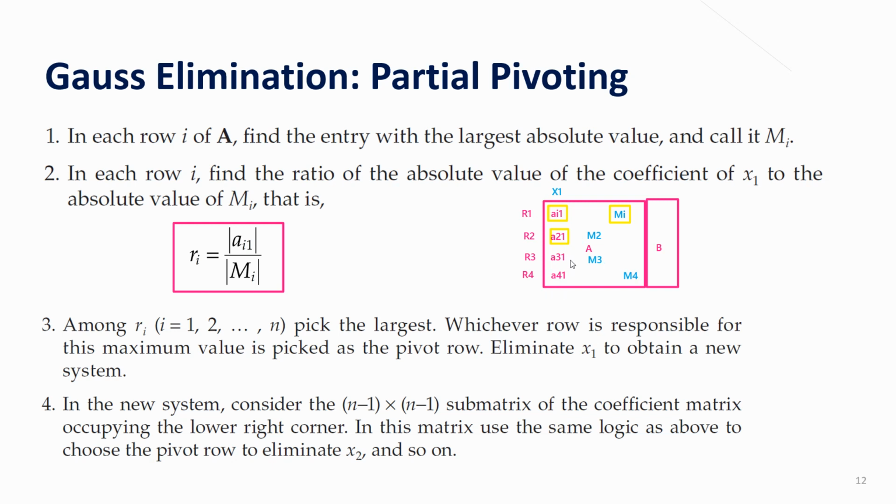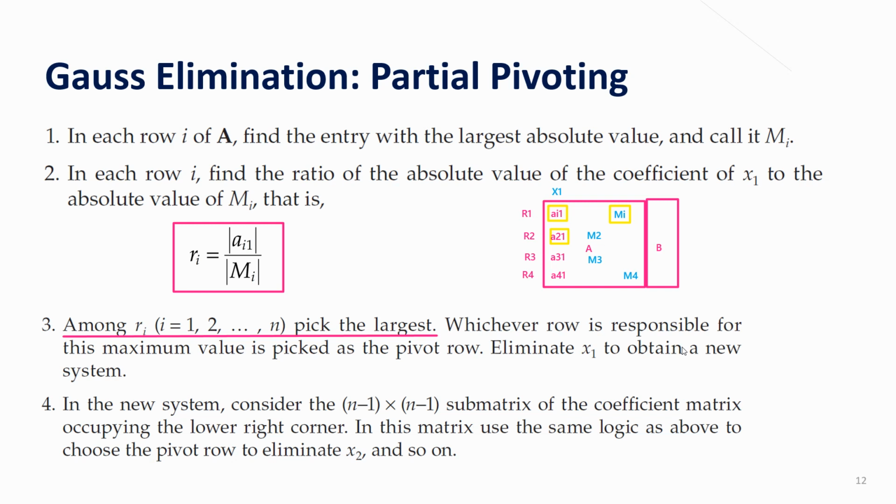Each of the rows will have their ratio value, R1, R2, R3, R4. Among these R values, you need to pick the largest value of those ratios. It means that whichever row is responsible for the maximum value will be picked as the pivot row.